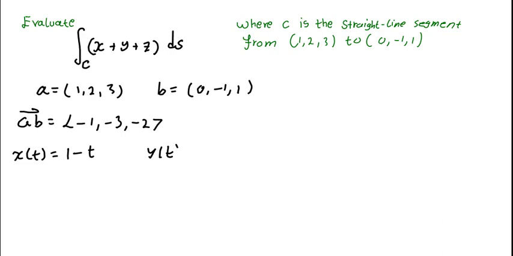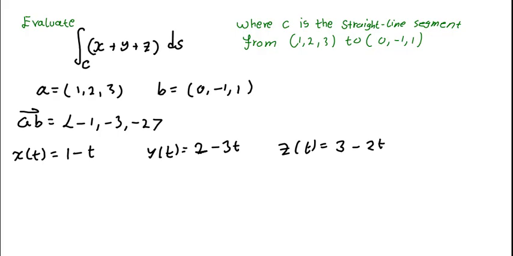What about my y? My y of t will be equal to this point that I have here, plus, because there is a negative here, minus 3t. Then our z will be equal to 3 minus 2t.